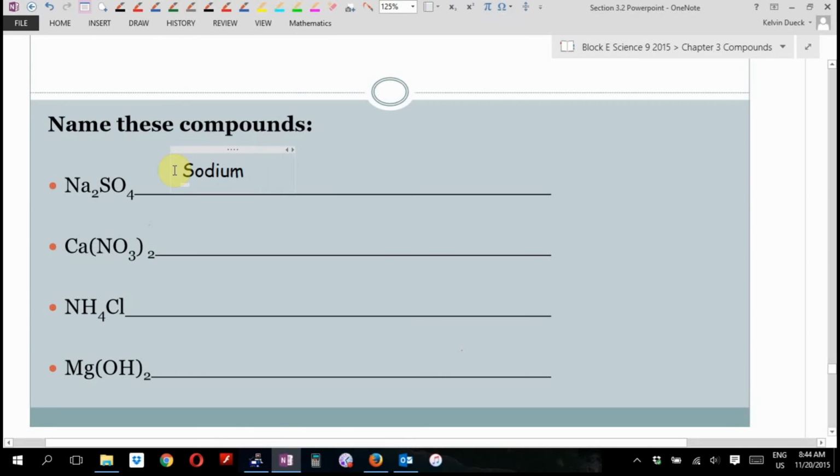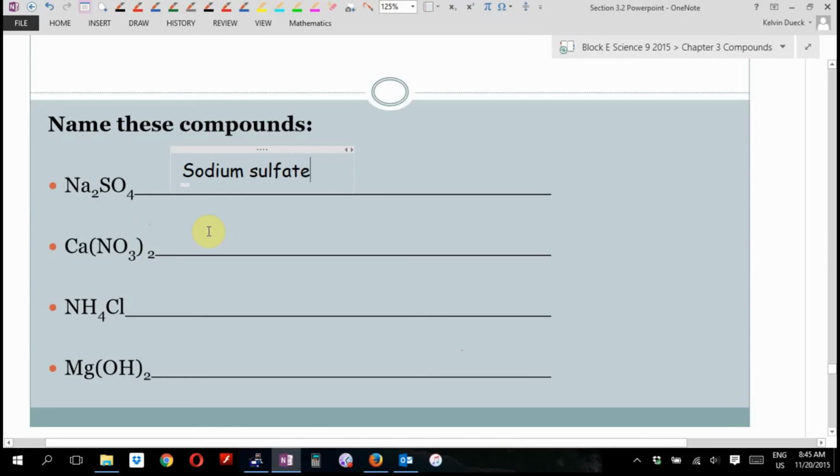Sodium. You have to say the last part carefully, because there's ate, there's ite, and there's ide. Sodium sulfate, A-T-E. Sometimes you'll see the sulfate spelled with a PH, sometimes with an F.